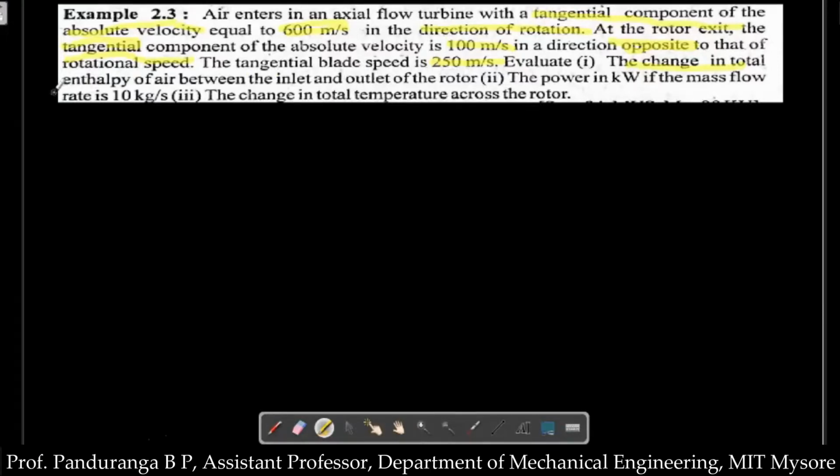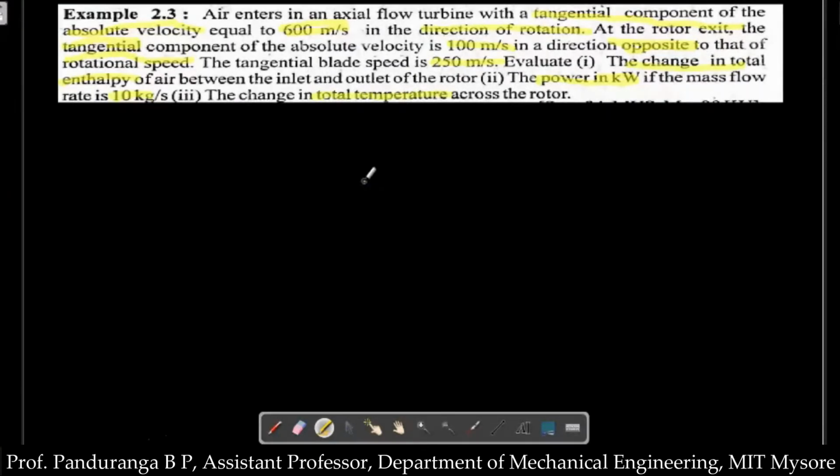The change in total enthalpy is nothing but the energy transfer E. Second, you need to find the power in kilowatt if the mass flow rate is 10 kg per second, the power developed by the turbine. Then you need to find the change in total temperature across the rotor.